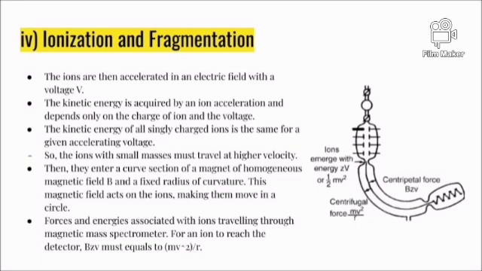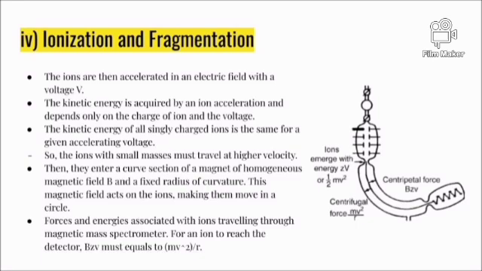And then they enter a curved section of a magnet of homogeneous magnetic field B and a fixed radius of curvature. This magnetic field acts on the ions, making them move in a circular motion. These are the forces and energies associated with ions traveling through a magnetic mass spectrometer.